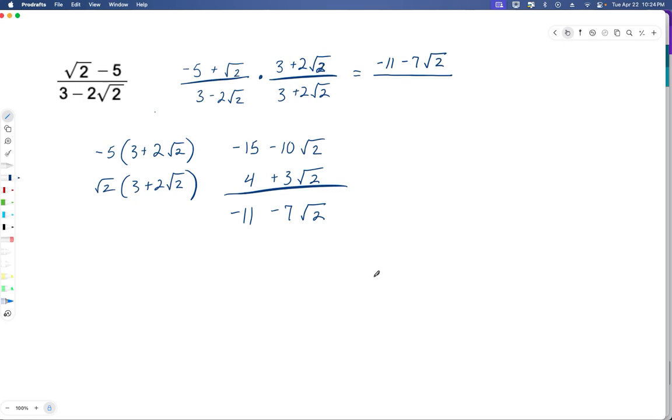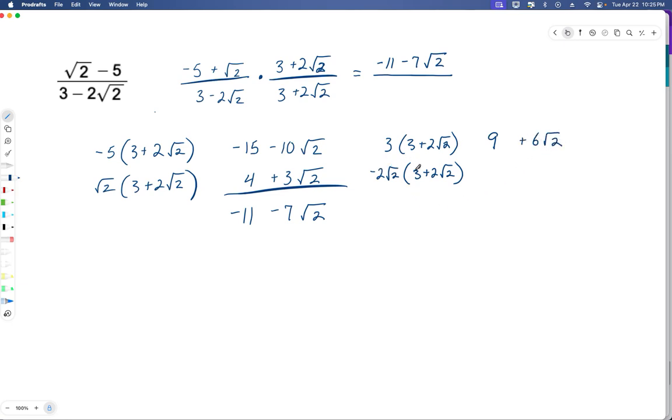Let's look at the denominator. So that's going to be 3 times 3 plus 2 times the square root of 2, and then negative 2 square root of 2 times 3 plus 2 times the square root of 2. All right, 3 times 3, that's going to be 9. 3 times 2, that's going to be a positive 6 times the square root of 2.